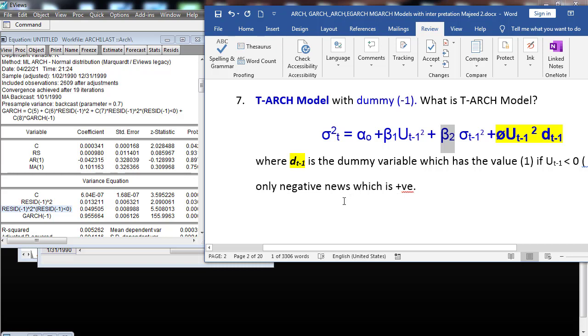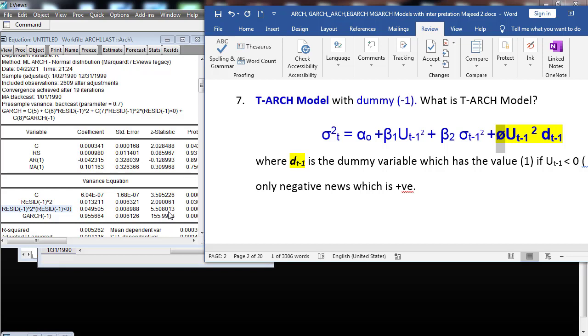And C8 here represents the threshold term, positive and statistically significant.